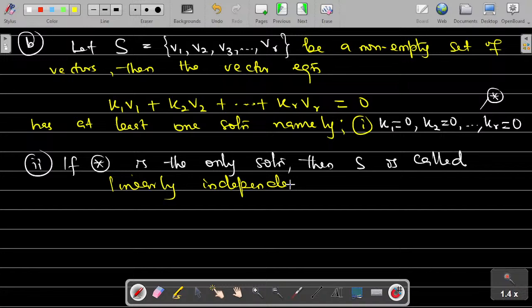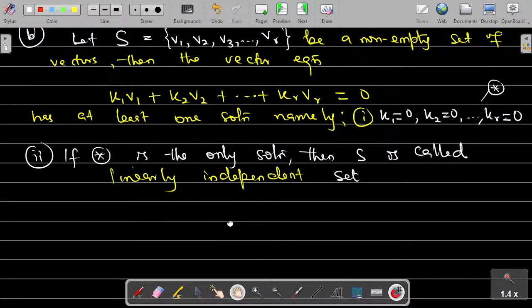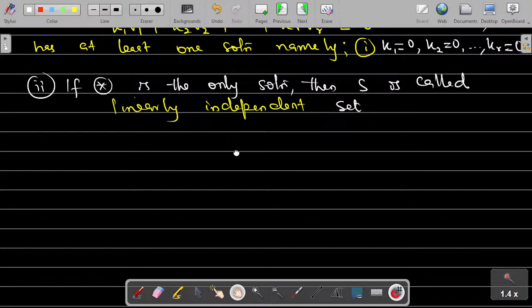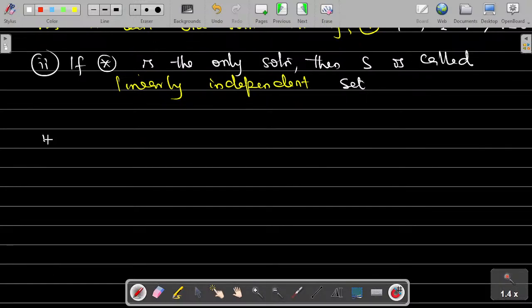But the implication is that, remember, they put set in the end, so the set is part of the question. So the one in yellow in this case is your solution, while the one in white here is the question. Meaning if they had said if star is not the only solution, then S is called linearly dependent. So that's what you just need to note.